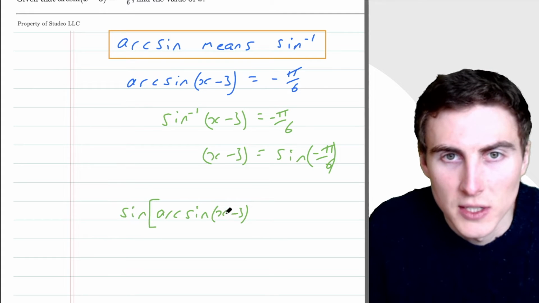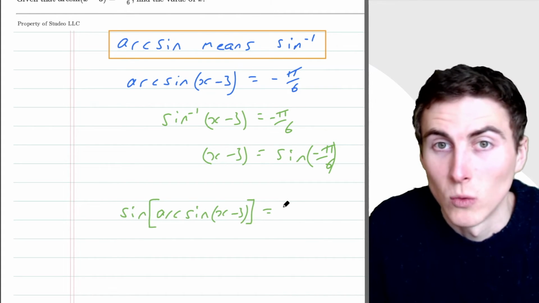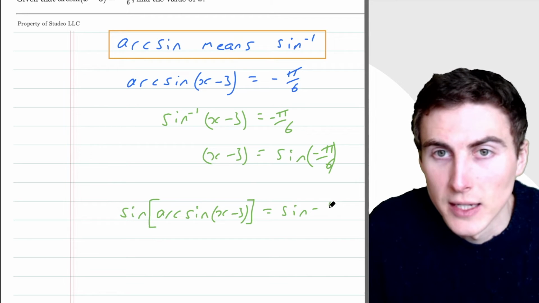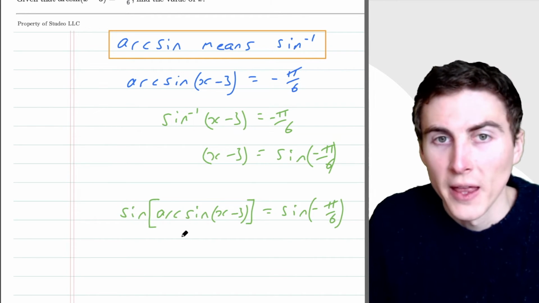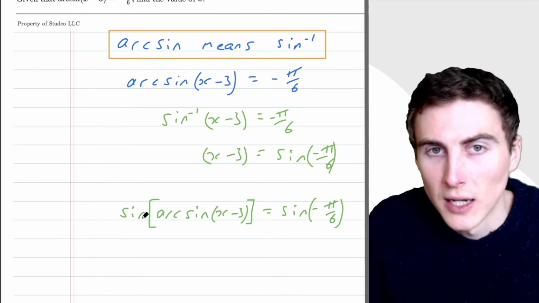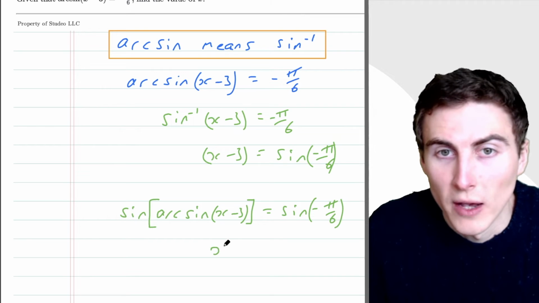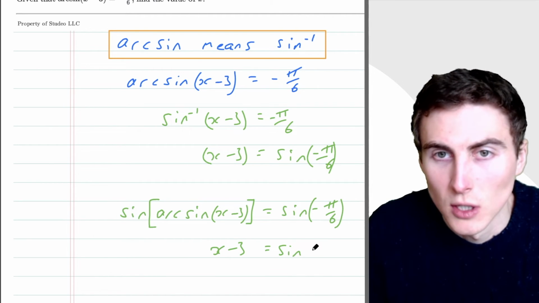We're going to sine this entire thing. And on the right-hand side, we'll sine our negative pi over 6. And importantly, because I'm sining an arcsine, the sine and the arcsine cancel each other out because they're inverses of each other. So we're left with just x minus 3 equals sine of minus pi over 6.